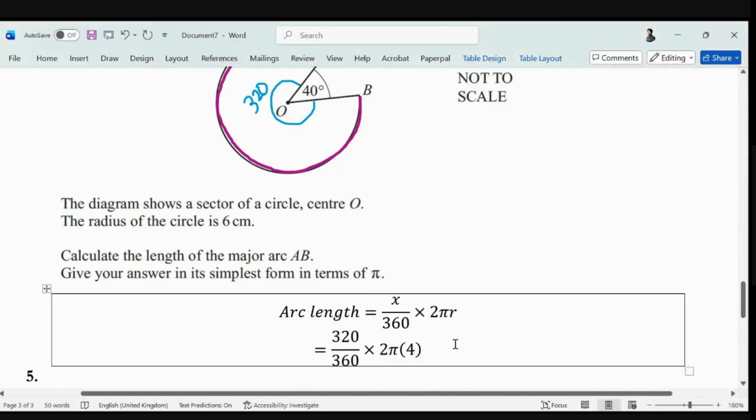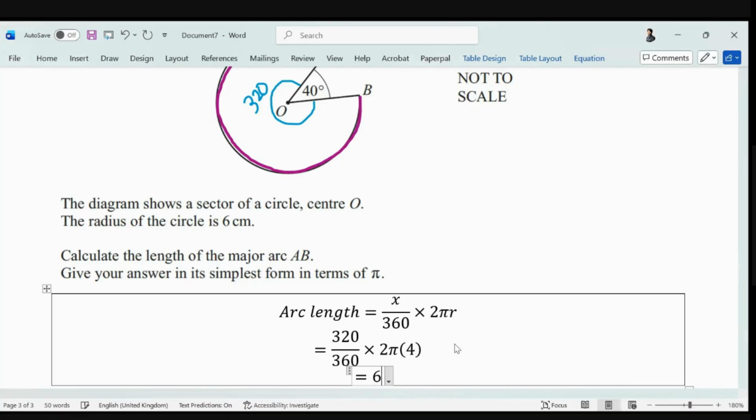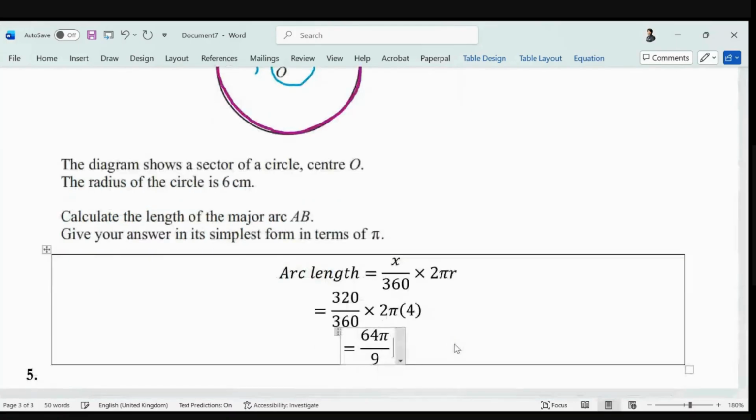Sixty-four pi upon 9. Is everyone else getting 64 pi upon 9? Okay, this is the arc length.